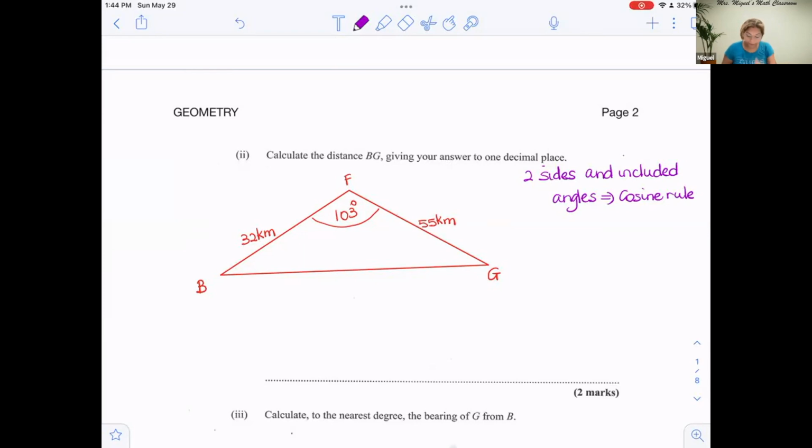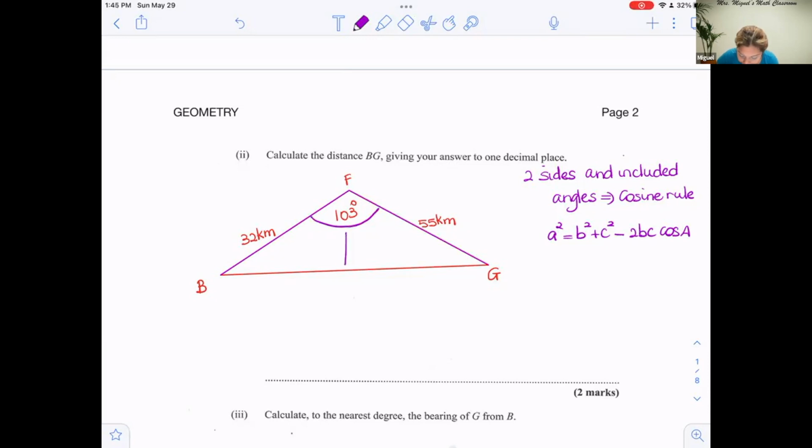The cosine rule is A squared is equal to B squared plus C squared minus 2BC cosine of angle A. So whenever we have two sides and the angle in between, we use the cosine rule.